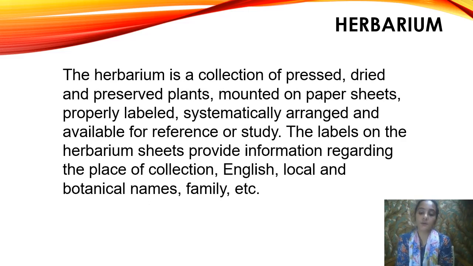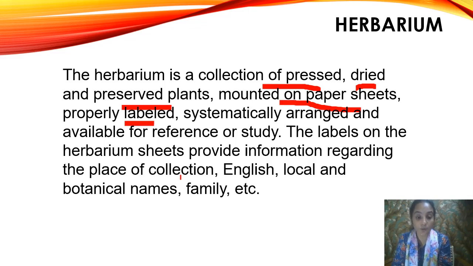So what is a herbarium? Let's define it. It's a collection of pressed, dried, preserved plants that have been mounted on paper sheets. It has to be properly labeled and systematically arranged.